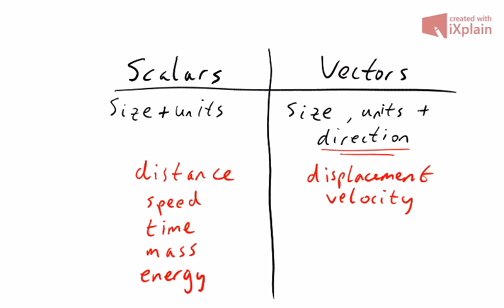Velocity, force, acceleration, and momentum. So these are just to name a few on both scalars and vectors. Scalars have size in units, vectors have size, units, but they also have direction as well.